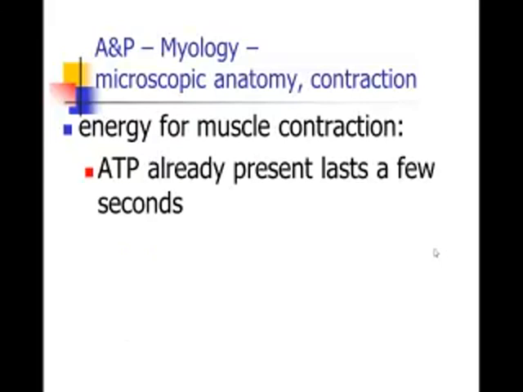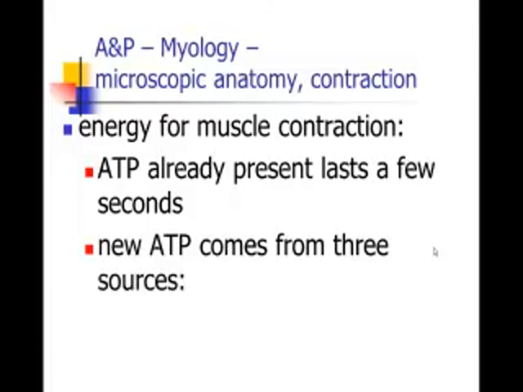So where does the energy come from? Well, first of all, in all cells there's going to be some ATP, and in muscle cells the ATP that's present within the cell lasts for a few seconds. So then if you want this contraction to last more than a few seconds, you're going to have to get new ATP molecules completed.